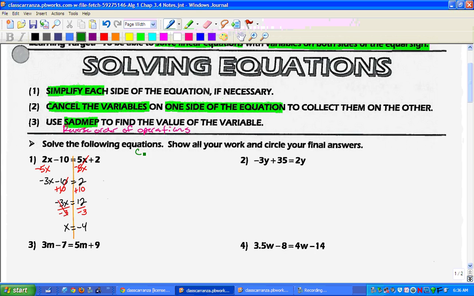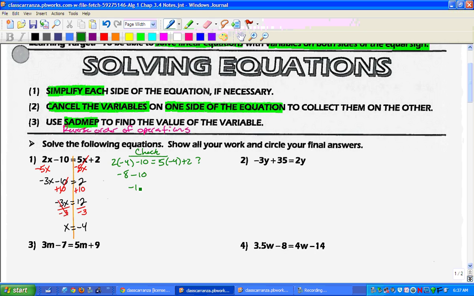Now, to find out if you are correct, you can do the check, where we would plug in negative 4 for x. Times negative 4 is negative 8.